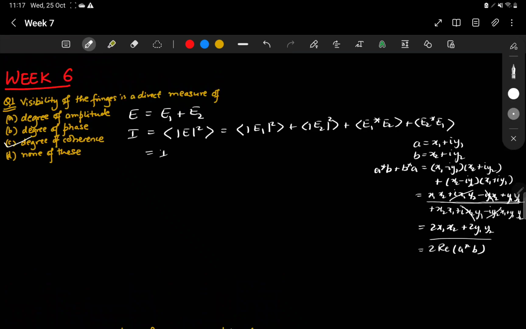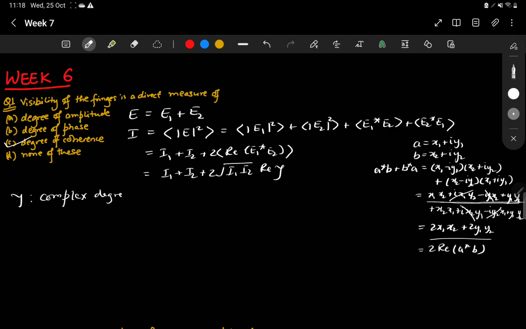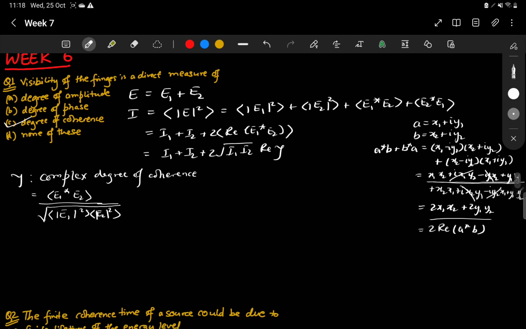So putting it over here, where gamma is the complex degree of coherence, and visibility.